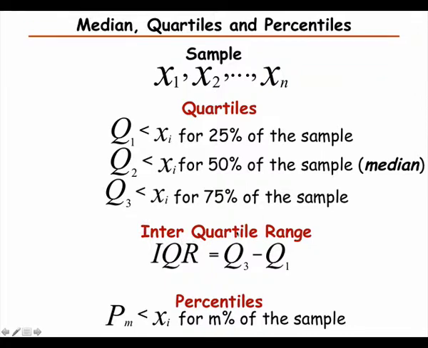We can define this for any percentage. So something that could be interesting is to find the 95th percentile, where we find that 95% of our values are within this range. So these are some other things that we can look at.